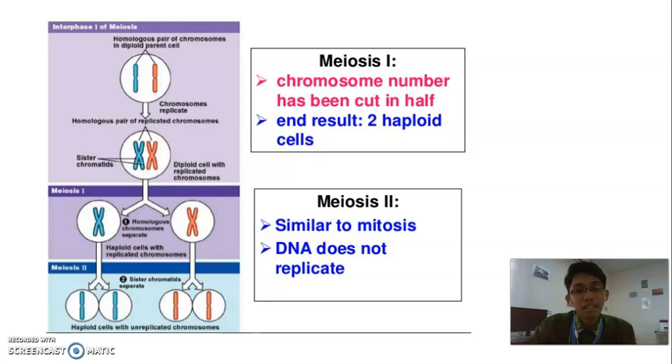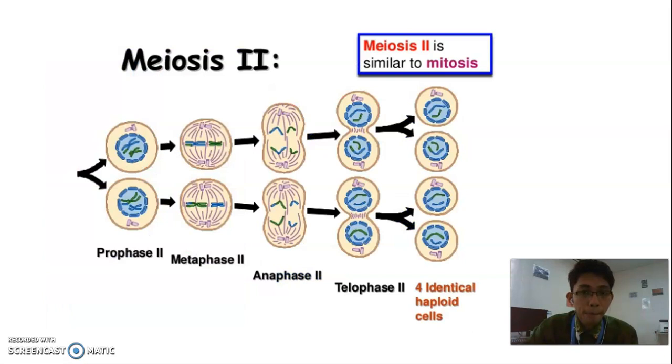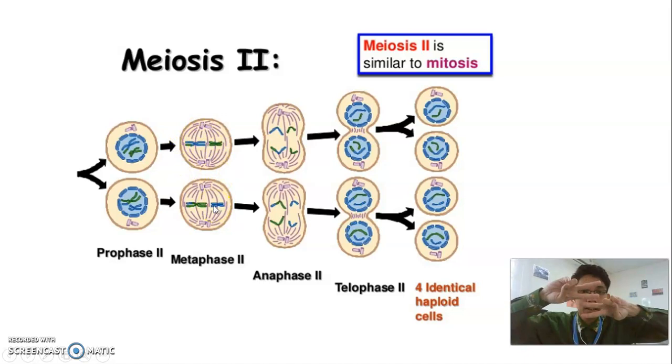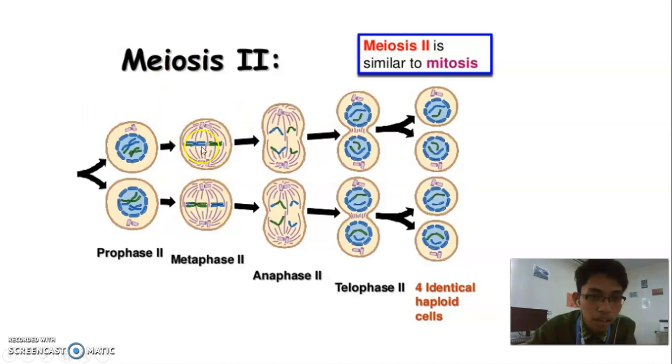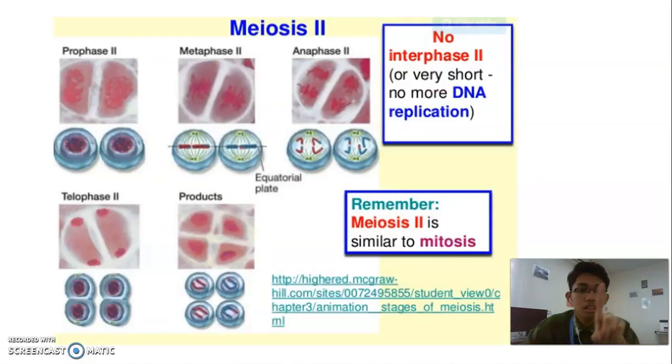Jadi kamu tengok ni ada sister chromatid. Di metaphase tu bukan lagi homologous chromosome yang pair, dia dah jadi sister chromatid. Sister chromatid pun sister chromatid. So bila anaphase tu, dia akan tinggal chromatid je lah.